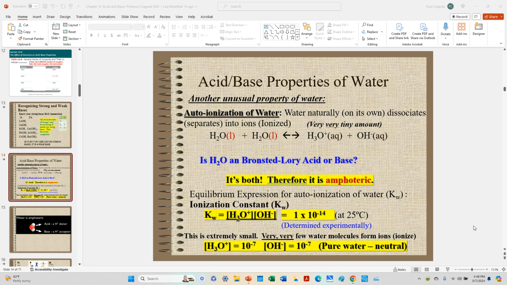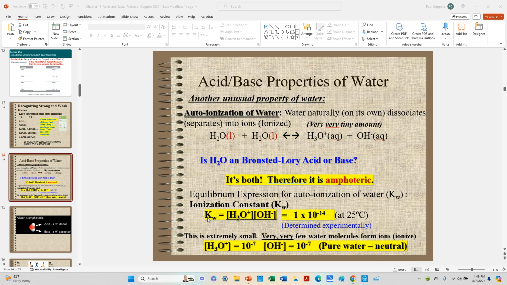So we left off talking about the list of strong bases, and then we get to water. Remember that water is amphoteric. It can act as an acid and a base. Very weak though. Very tiny amount ionizes in water.